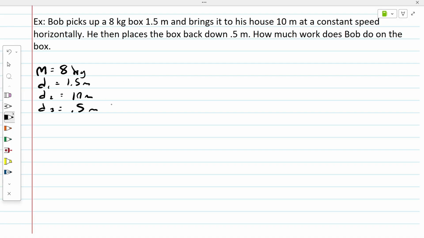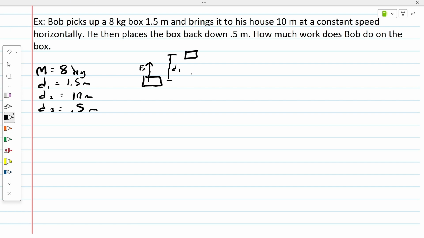So let's draw what's actually happening. First, we have the box, and it's being picked up with a force, applying this force upwards. And it's traveling this distance, or we'll just call it d1. So that's the first situation. And so now the box is up here.